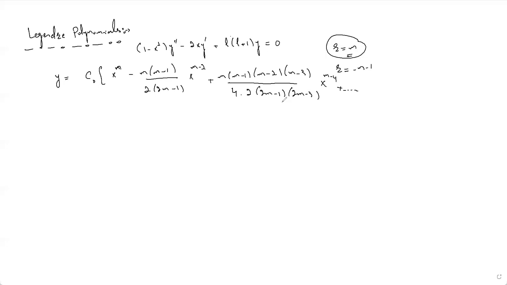This is a solution which we have already found in the last lecture. It corresponds to one of the roots, r equal to m, of this differential equation, which we call the Legendre differential equation.